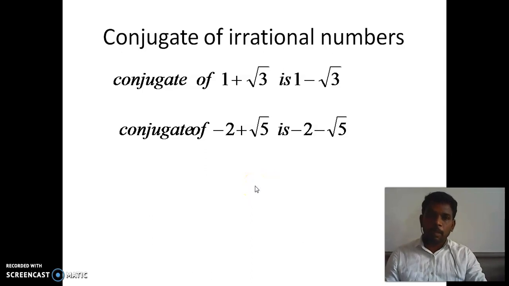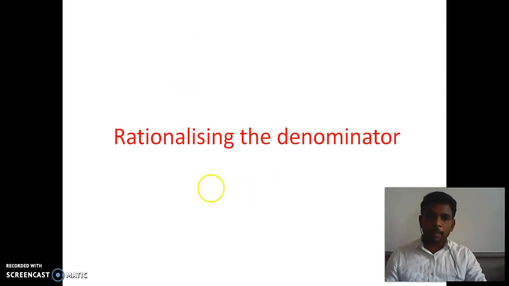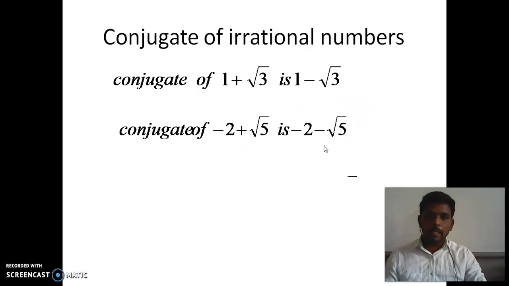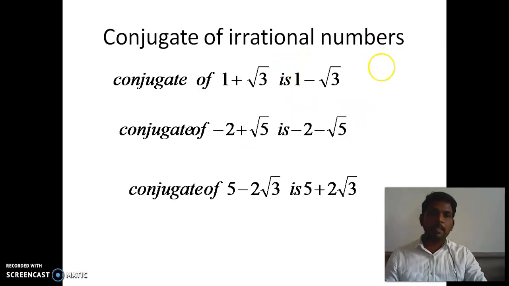So the title is rationalize the denominator. If we want to rationalize the denominator, we have to multiply by the conjugate of the irrational number. With the help of this conjugate, we rationalize the given denominator of the irrational number.